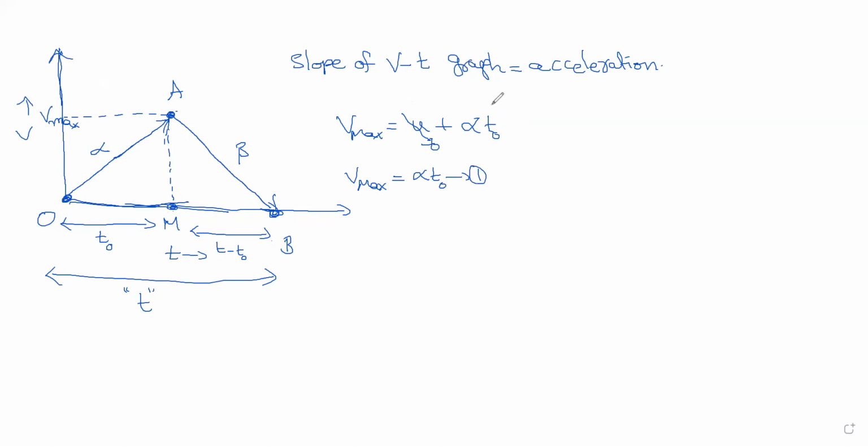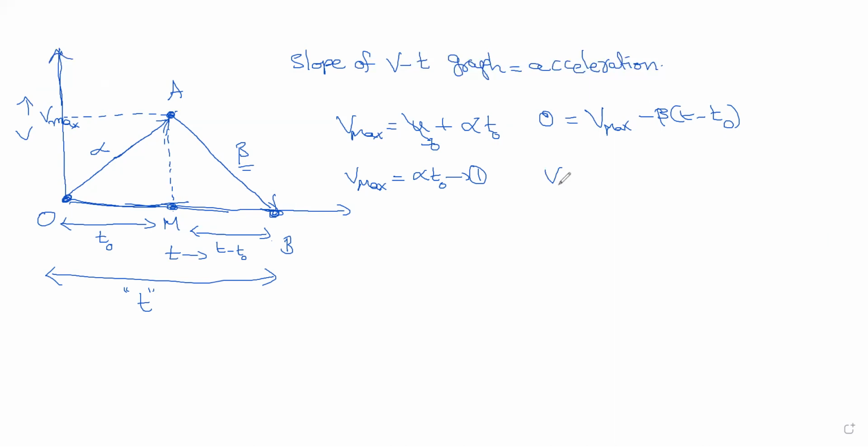Now, the second part. From Vmax, it went to 0 with a deceleration of beta. So Vmax now becomes U, and the final velocity is 0. Initial velocity is Vmax minus beta into T minus T naught, because it is deceleration and the time it took is T minus T naught.